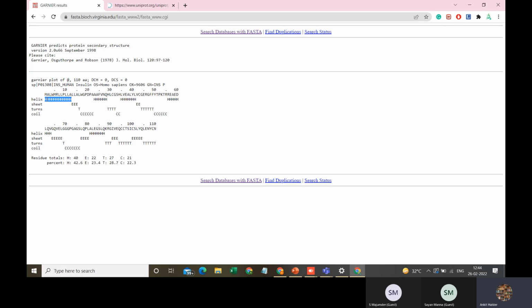Now, with the increase in the amount of data, tools have evolved and their accuracy is much higher. So we need to look at the accuracy of each tool before concluding the final structure of the protein.